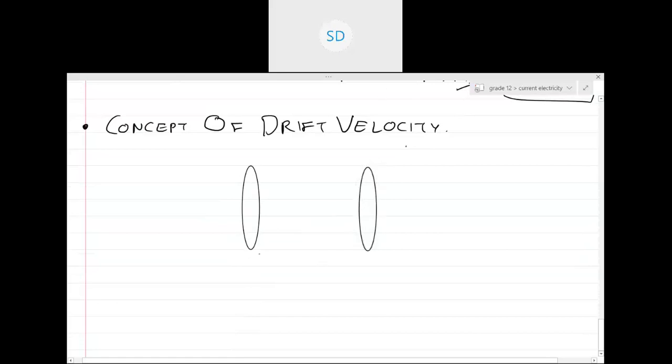Guys, suppose I have a conductor like this. And tell me what will happen if I have not connected it across any battery. What will be the exact motion of free electrons? Suppose these are all your free electrons. Tell me how exactly will these free electrons be moving? So will it be random? Yes, the motion will be random.